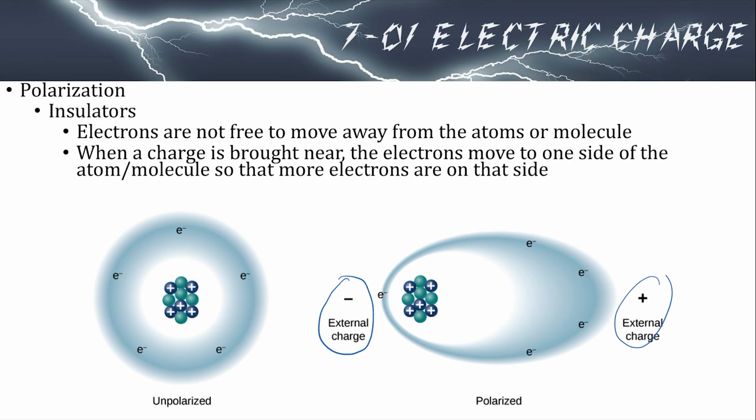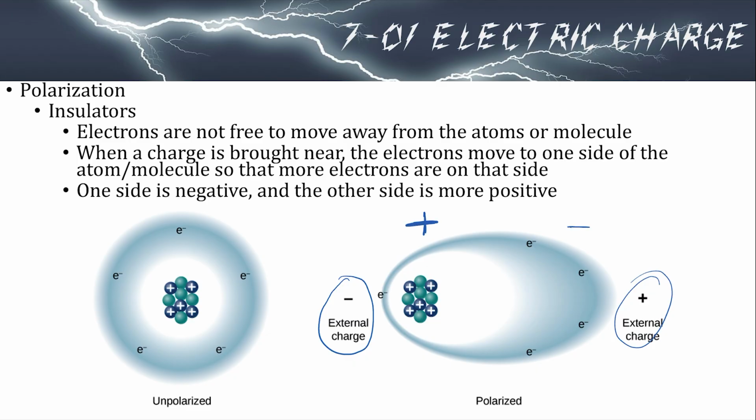Or if it's a positive external charge, it will attract the electrons to the other side. Either way, this side of the atom is positive and this other side is negative. That's polarized when one side's positive and the other side's negative.